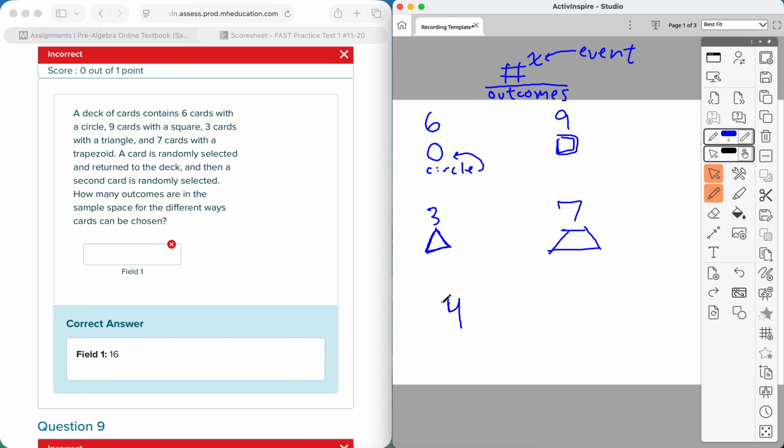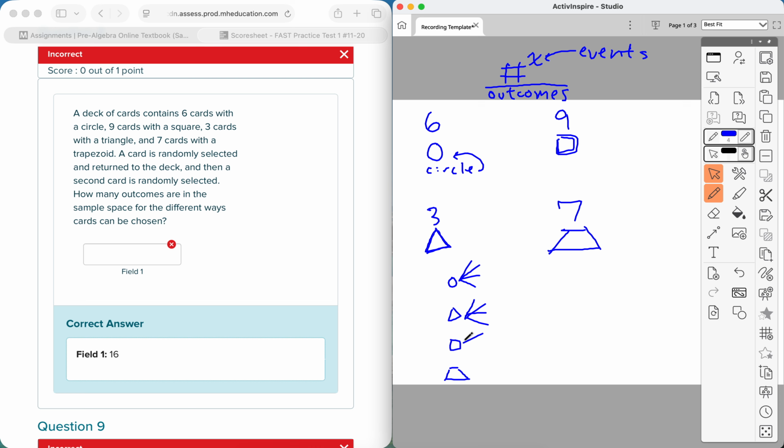Another way to look at that is we can make a tree diagram. So you reach into the bag and you either get the circle, the triangle, the square, the trapezoid. And then after that, you grab another shape.